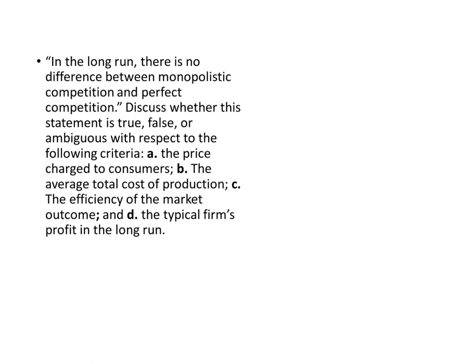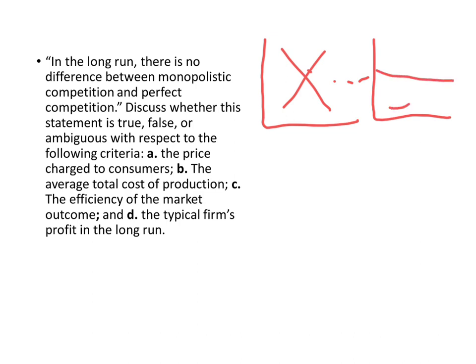Hey there again. This is the last question, and it relates to a comparison between perfect competition and monopolistic competition. So remember, in perfect competition, we have an efficiency kind of trifecta, right?